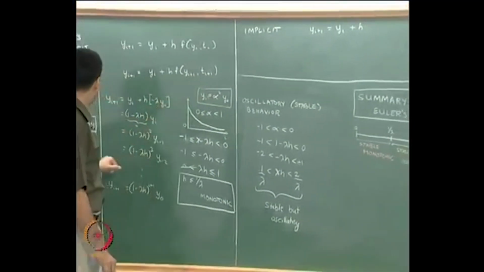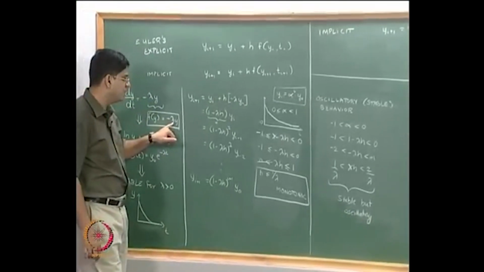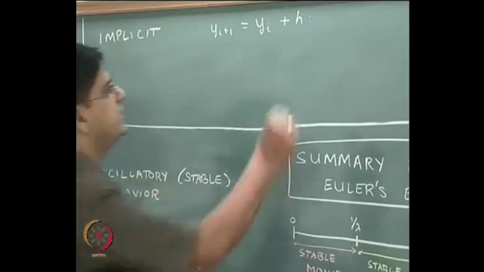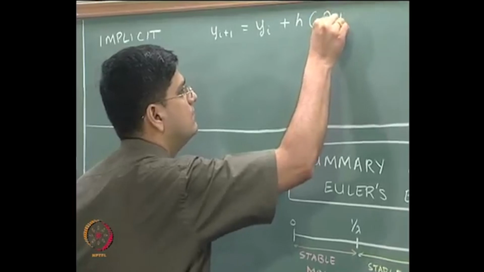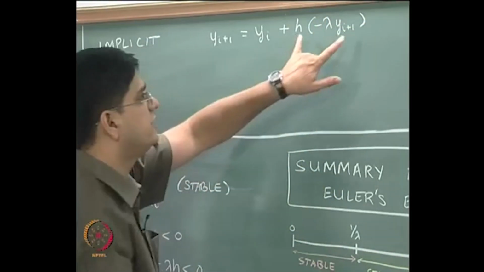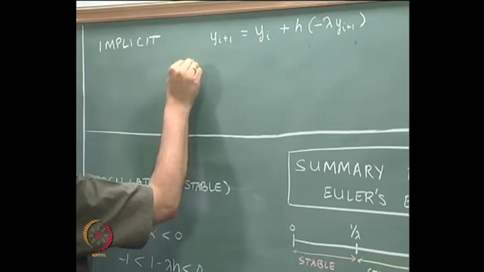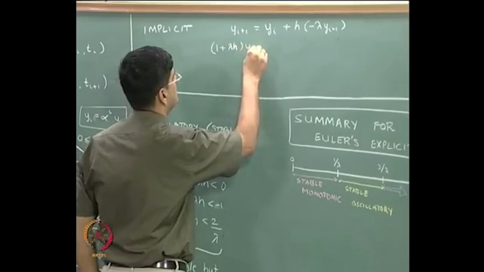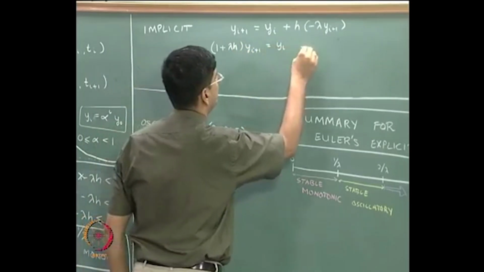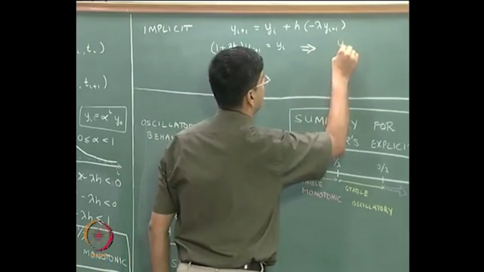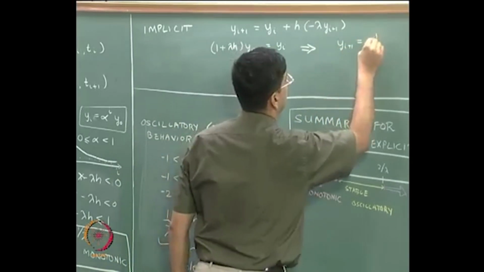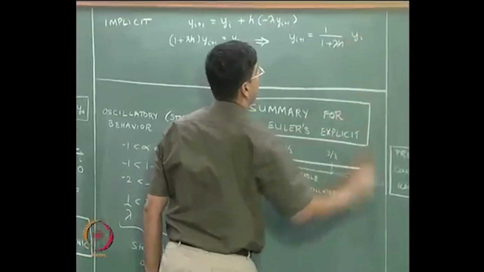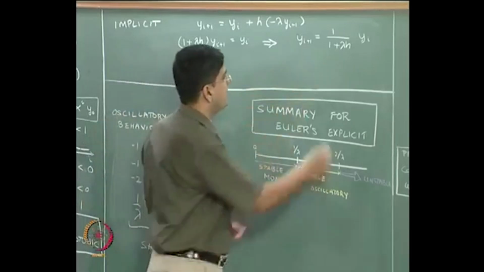Okay, and f of y i plus 1 is nothing but negative lambda multiplied by y i plus 1. Okay. So, we will go over here and write that down. Okay, and we will take this term onto the right hand side and we will get 1 plus lambda h multiplied by y i plus 1 equal to y i, which is going to give us y i plus 1 equal to 1 divided by 1 plus lambda h multiplied by y i. Okay. So this is the value of alpha.